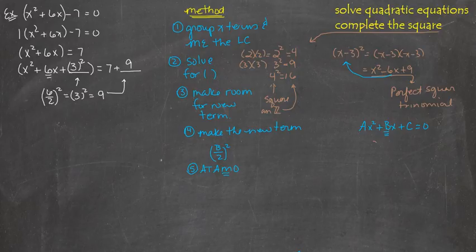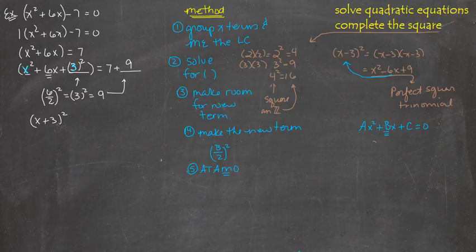I'm going to come back up here and I'm going to take just the x. Let me use color. I'm going to take just the x and just the 3. That's all I want. And I'm going to write x plus 3 squared. Do you see what happened?